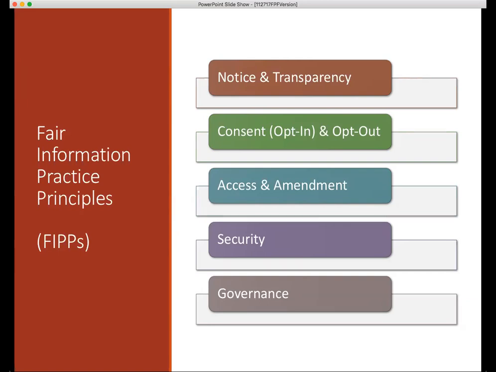That's really undefined, but generally having good practices in terms of how things are stored, and also within institutions, making sure that information is only seen by the relevant people on a need-to-know basis.